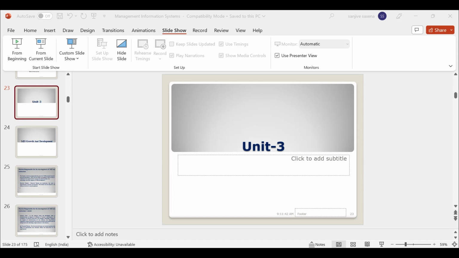Which is not true for MIS? It is an intelligent software. It is a business oriented software. So the answer to this is, both of these are not true. Intelligent software basically means software which can take decisions on its own, like robots. A robot is an intelligent software because it takes decisions based on the programming which is there.